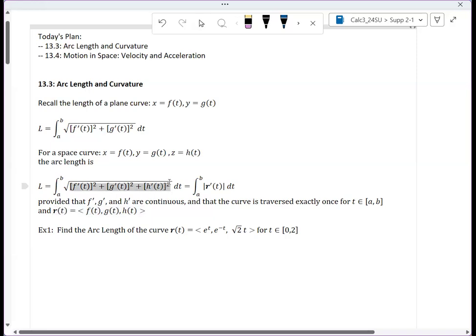And for that vector function r, this square root here is just its length. So we can really think of the arc length as integrating the length of r prime. So r has components f, g, h, r prime has components f prime, g prime, h prime, and this is just the length of r prime for our integrand here.